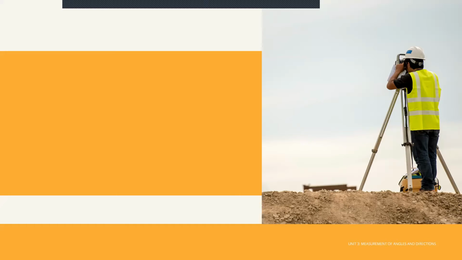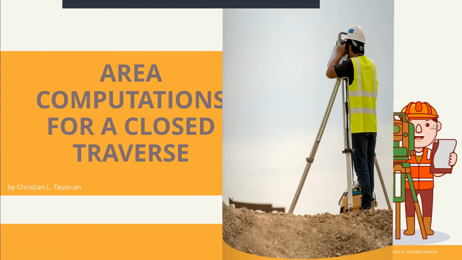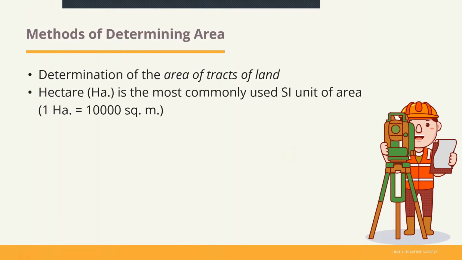Hello everyone, good morning. So now it is my turn to report to you about the area computations for a closed traverse. So first are the methods of determining the area of a closed traverse. An important objective of most land surveys is the determination of the area of tracts of land.